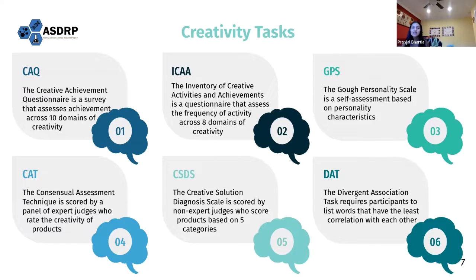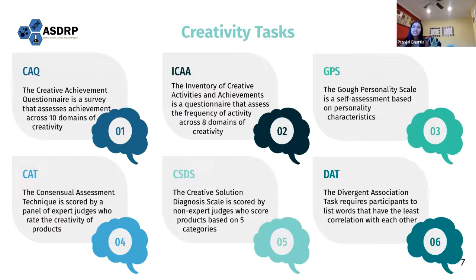The next test is the Inventory of Creative Activities and Achievements. It's very similar to the CAQ, but the main difference is it assesses creativity across 8 domains instead of 10, and it is also self-reported. Next, we're going to be talking about the GO Personality Scale, which is a self-assessment based on personality characteristics.